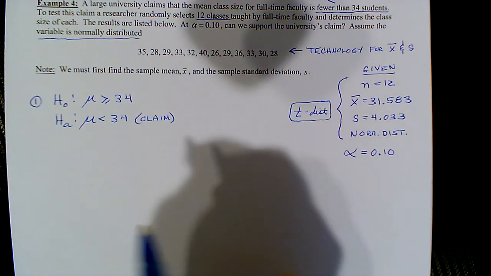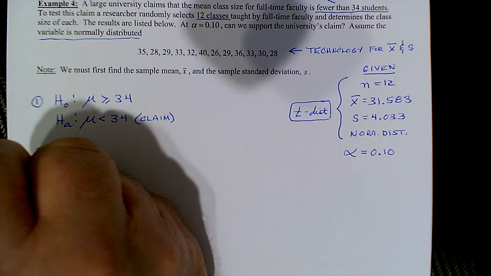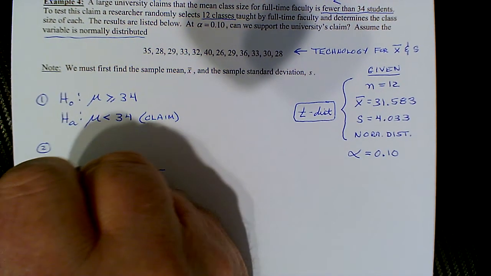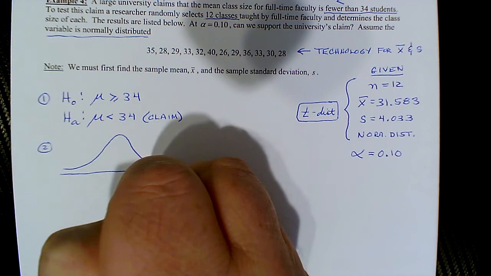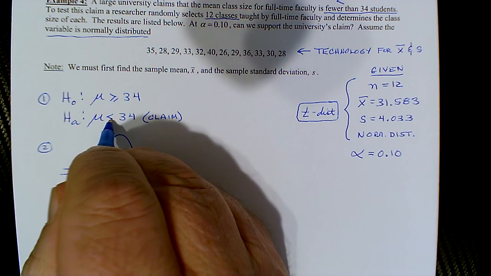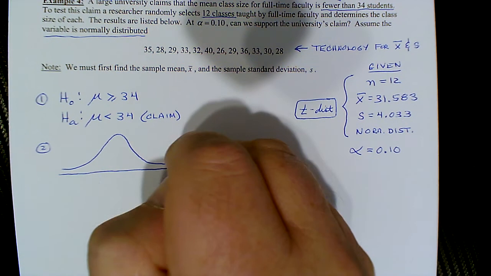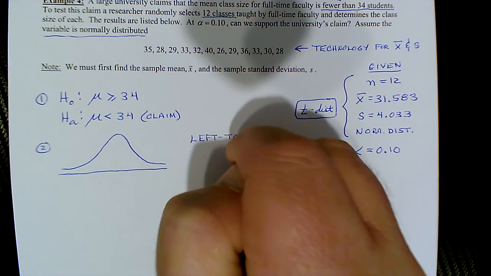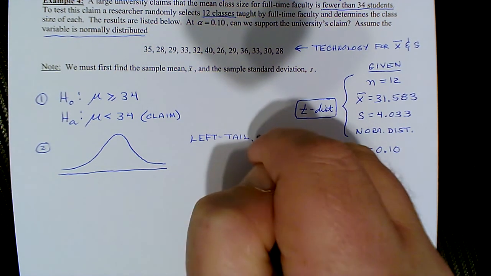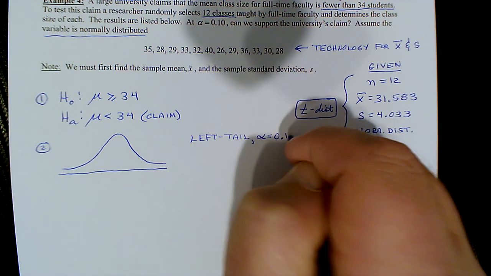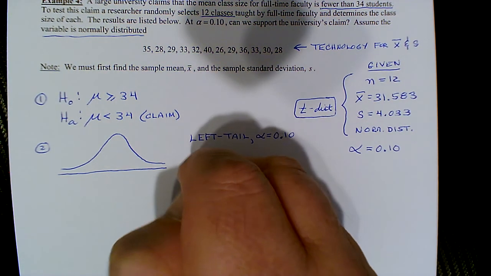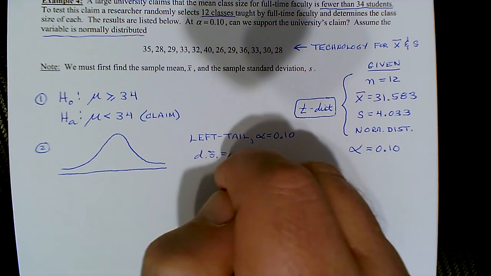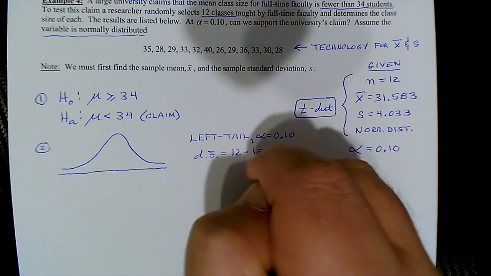Second step, critical value. Draw the distribution. Note that the inequality symbol in HA is less than. So therefore it's a left tail test. Alpha is 0.10. Degrees of freedom. There were 12 pieces of data. 12 minus 1 is 11.